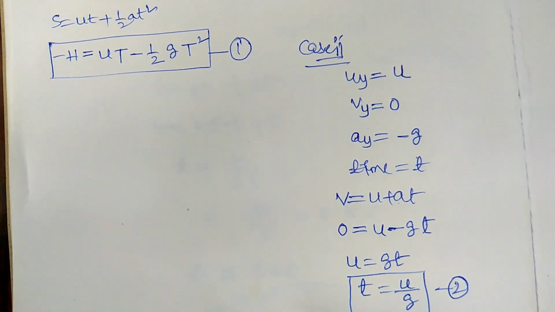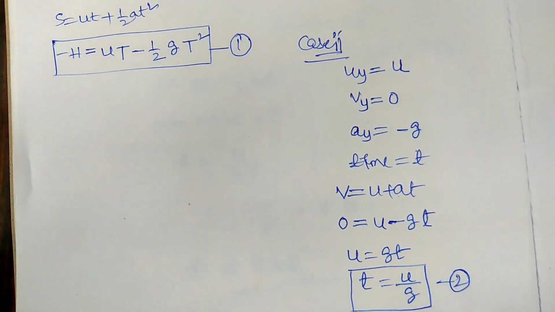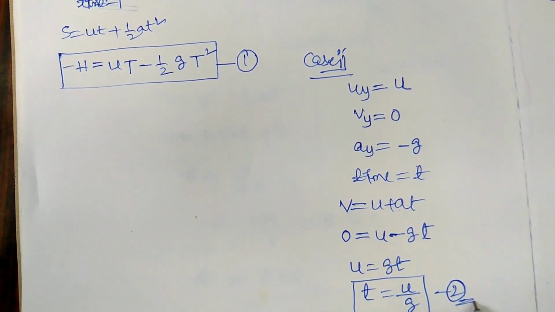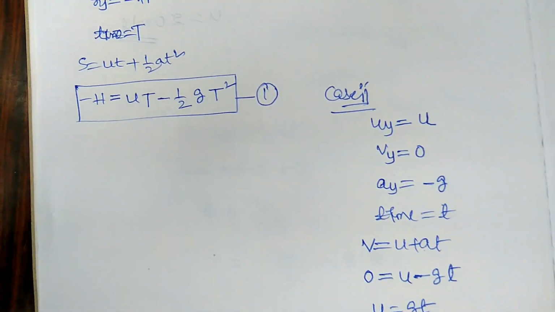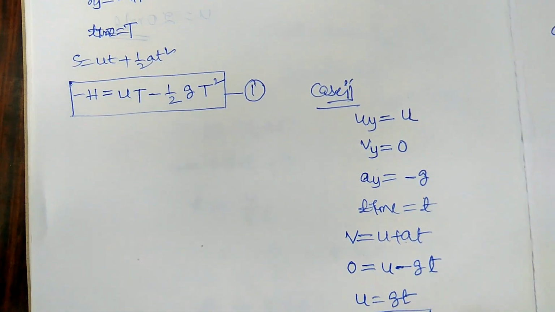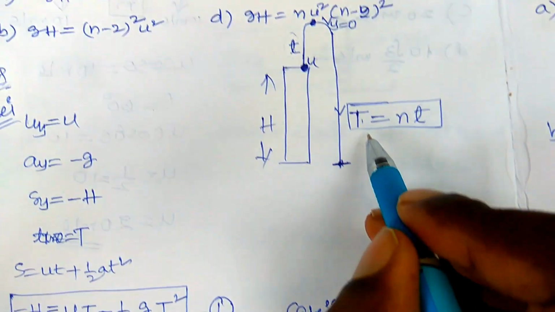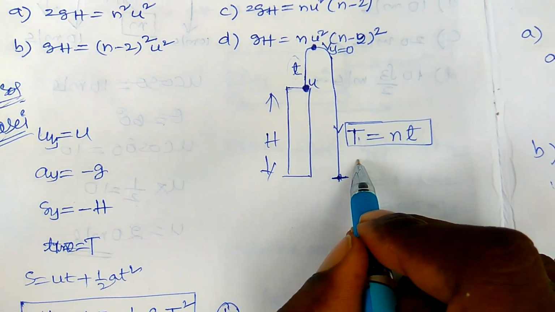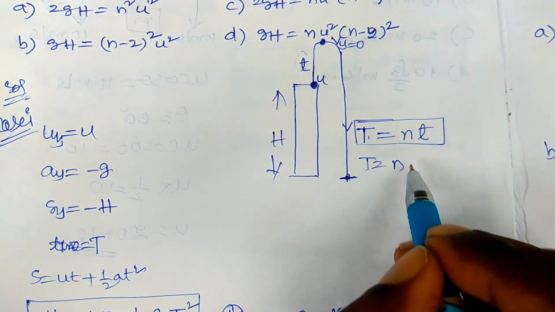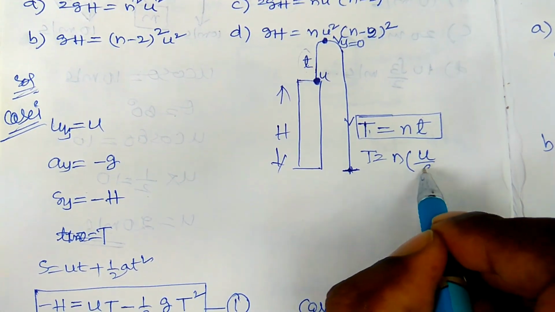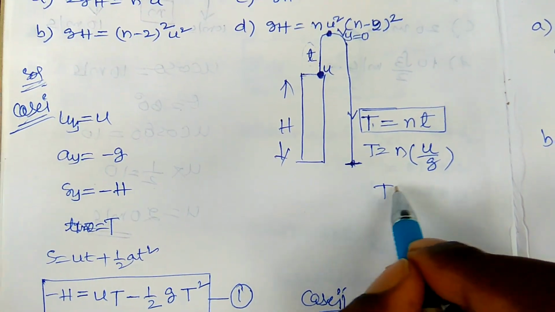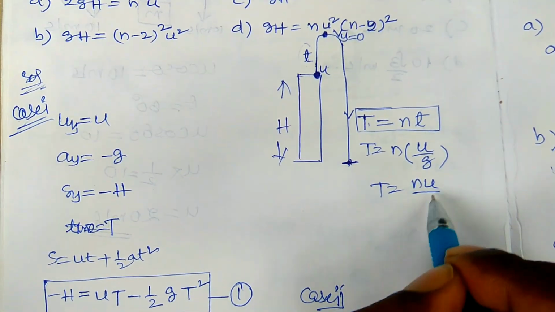Now we have to simplify the equation, where equation 2 will be substituted in equation 1. Capital T, as already written from the above information, is equal to n into t, where t is u by g. So capital T is equal to nu by g.